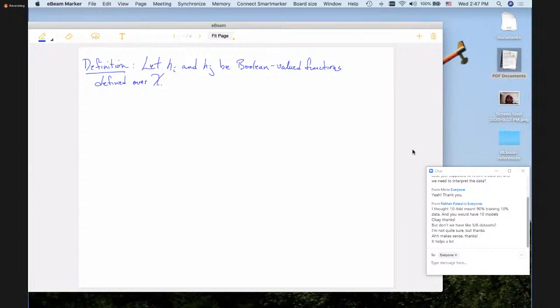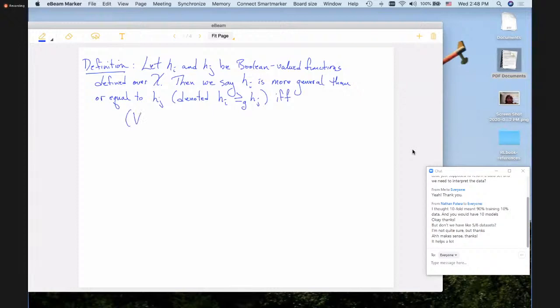All right. So from here, then we say that hi is more general than or equal to hj, which we will denote hi greater than or equal with a subscript g, hj, if and only if for all examples, oh, do I want to use x or do I want to use e?